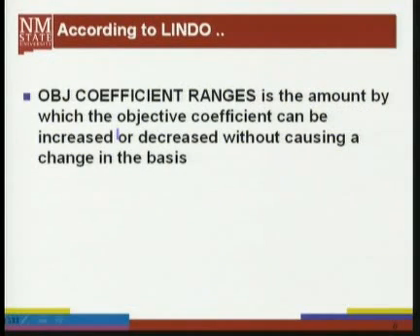In the Lindo output, the objective coefficient ranges indicate by how much the objective coefficient can be changed without causing a change in the basis. So these are the ranges for optimality, okay?